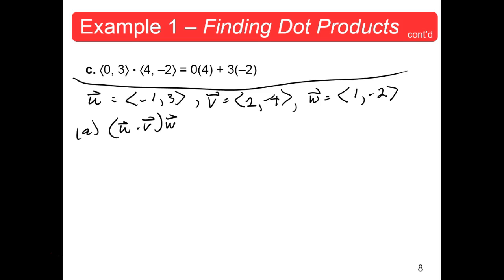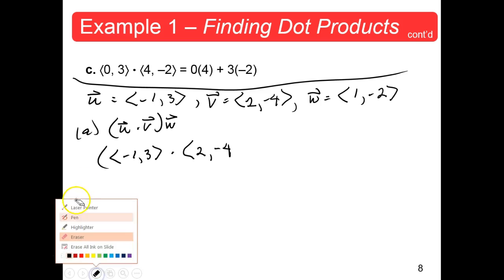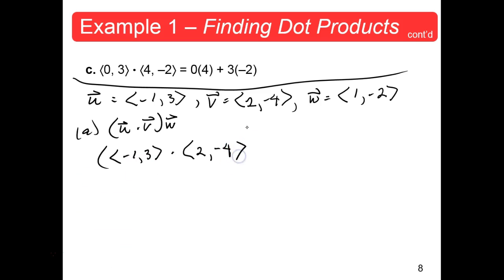What do you think you should do first? Okay, plug in the vectors. That sound okay? So we'll do vector -1, 3 dotted with vector 2, -4. Close bracket, parentheses, and then vector 1, -2.